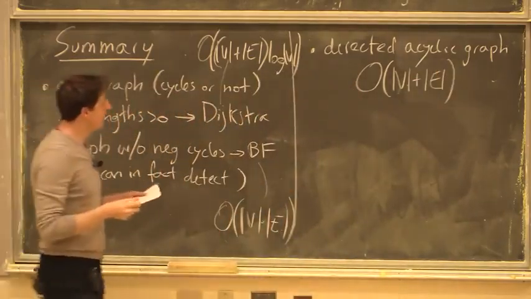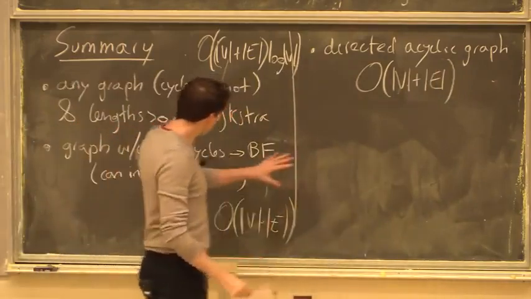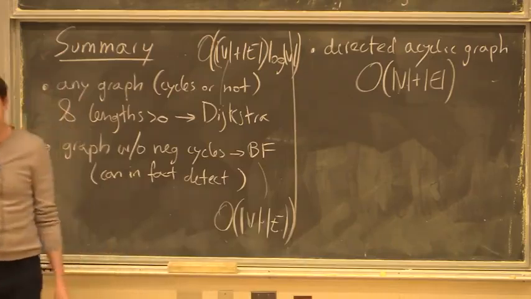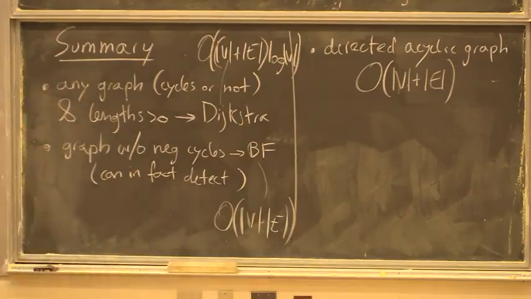Okay? And to see this, we can come back to what we learned with Bellman-Ford. When we were reasoning about it, one thing that we learned is that if you want to speed up finding shortest paths, it suffices to find smart sequences of edge updates, okay?